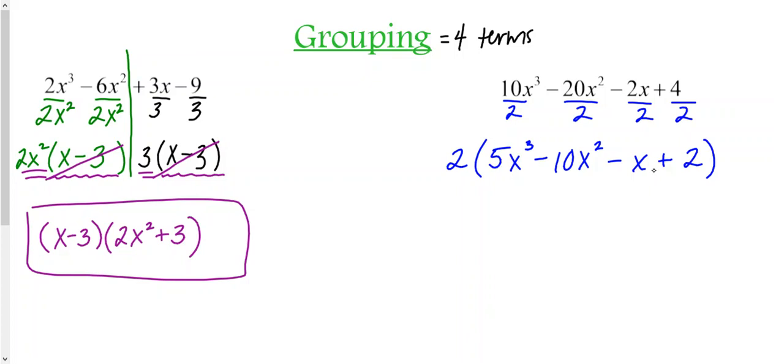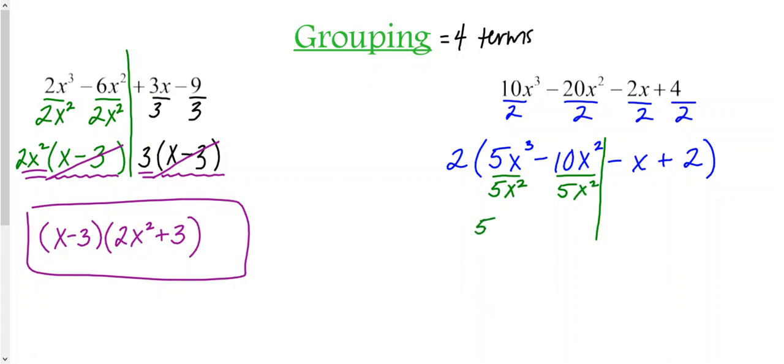Now, inside my blue parentheses, I still have 4 terms. So I'm going to group, which means I'm going to split it in half. So just looking inside the parentheses, what is my greatest common factor between the first 2 terms? I can divide them both by 5, and I can take 2 x's to the outside.